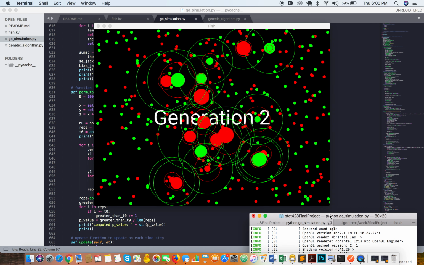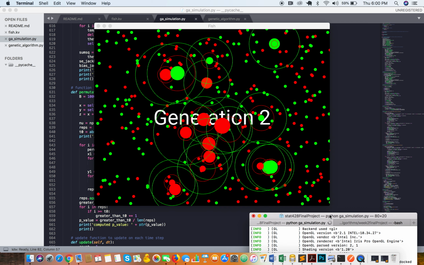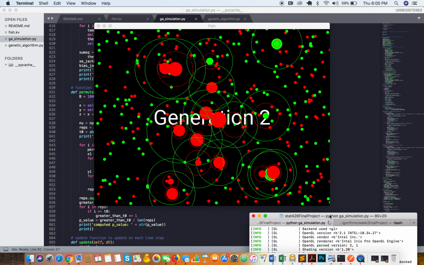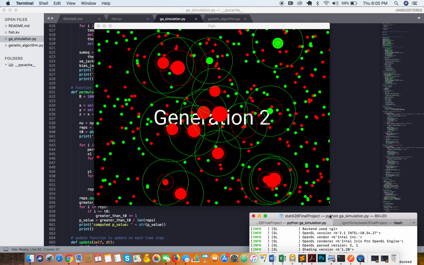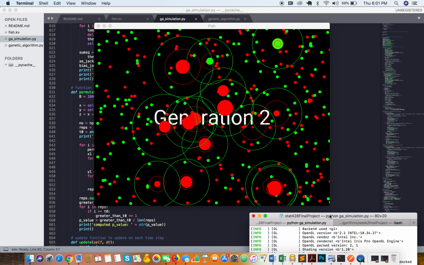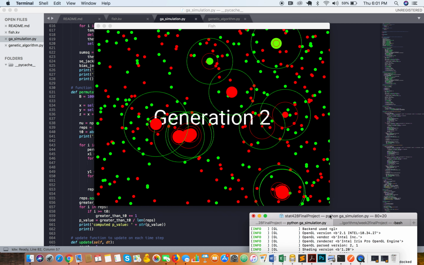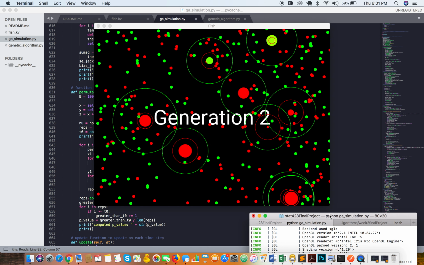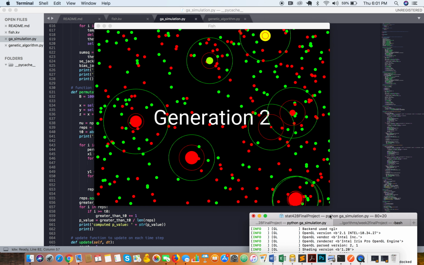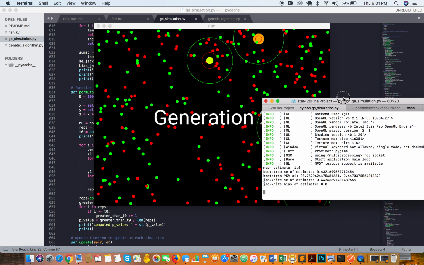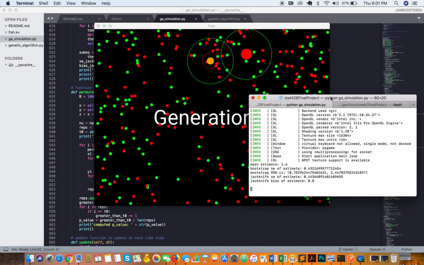So as you can see, in the next generation, it took the characteristics of the most fit organisms from the previous generation, and it combined those characteristics together to get a set of values that would correspond to higher degrees of fitness. And as you can see here, we're also printing out some key statistics.